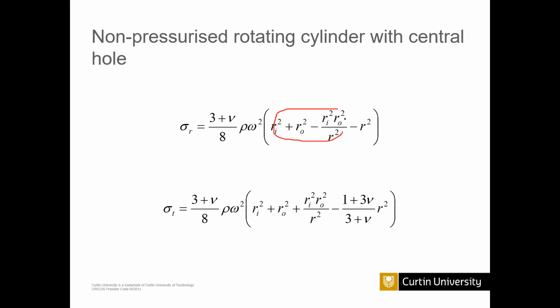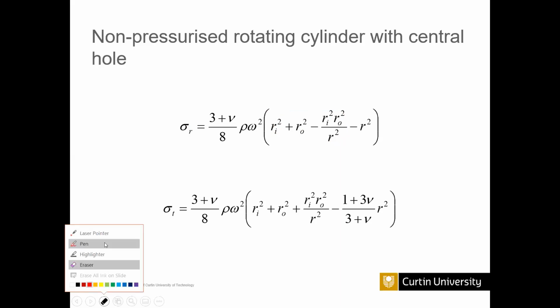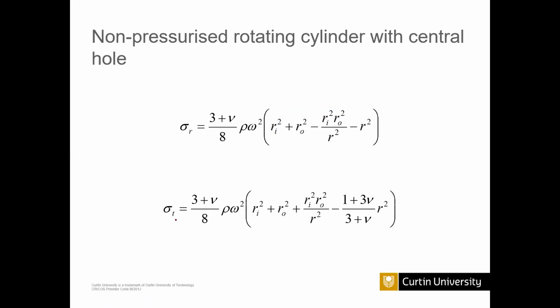We don't know how to derive it at this level, but if it is required, they will provide it in the exam, don't worry. And this is sigma t, for the non-pressurized rotating cylinder with a center hole.